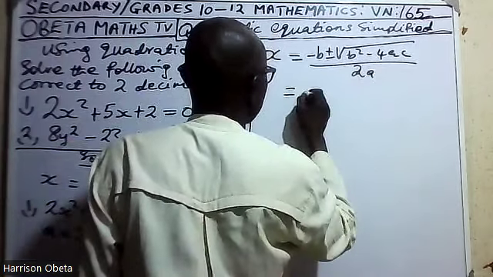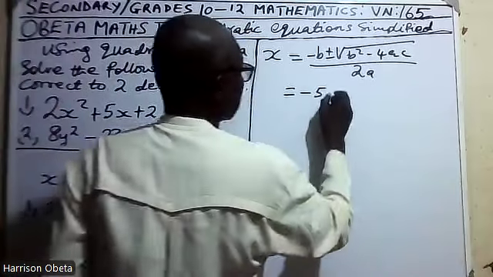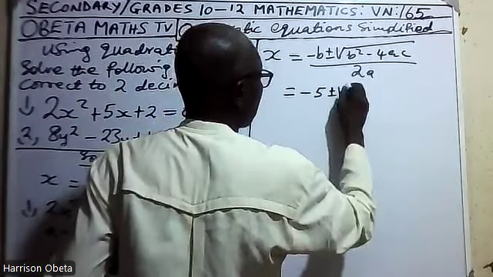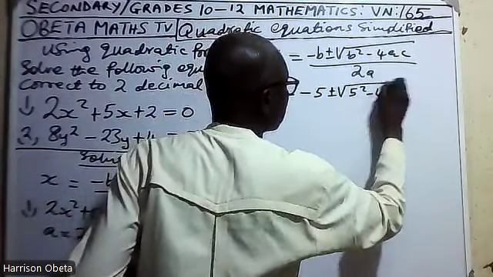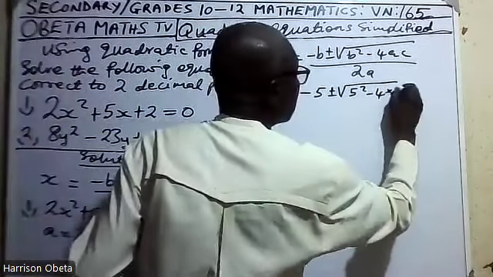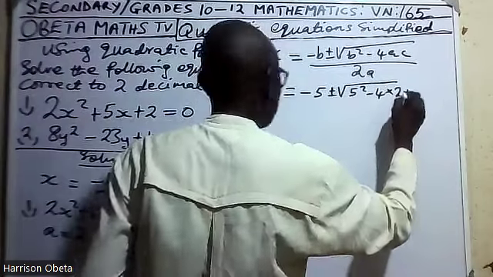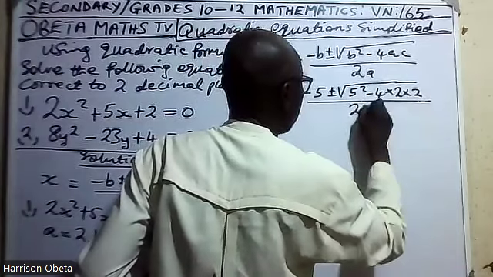And that means we are talking of minus 5 plus or minus square root of 5 squared minus 4 times 2 times 2 again, everything over 2 times 2.